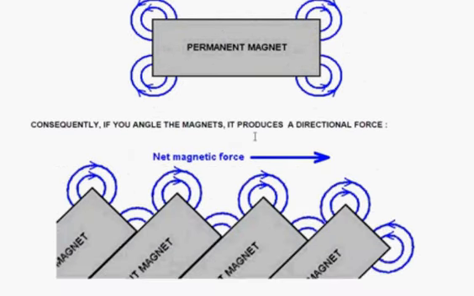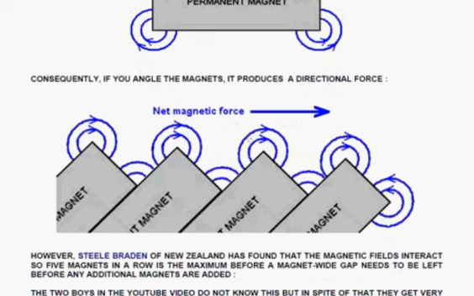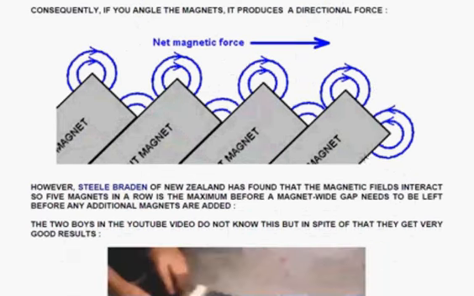As a result of that, if you angle the magnets, say at 45 degrees, they line up and give you what is effectively a net magnetic force across the row of magnets. Now, Steve Braden of New Zealand has found that the magnetic fields interact eventually if you keep doing that. And he's found that 5 magnets in a row is the maximum before you need to leave a gap, before any other magnets are added.